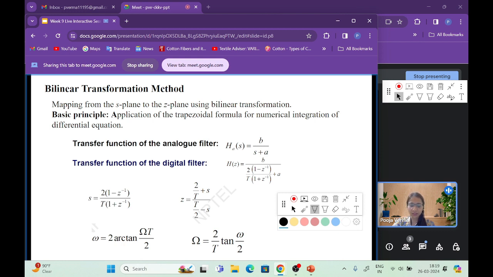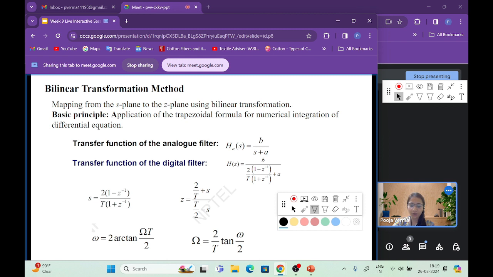To change to a digital filter, we convert S domain to Z domain, where s = (2/T)(1 − z^-1)/(1 + z^-1). From that equation we can also find the value of z, that is z = ((2/T) + s) / ((2/T) − s).